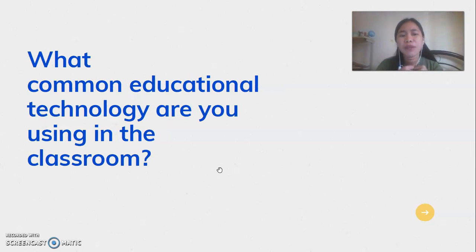Okay, so what common educational technology are you using in the classroom? Okay, if we may recall our classroom setting in CBSE, so what were the educational technology used by your teachers or you used during reporting or when you are presenting?